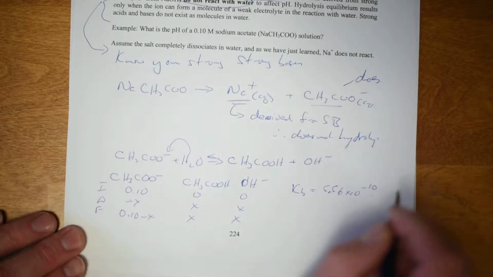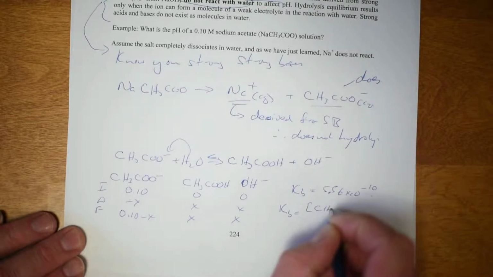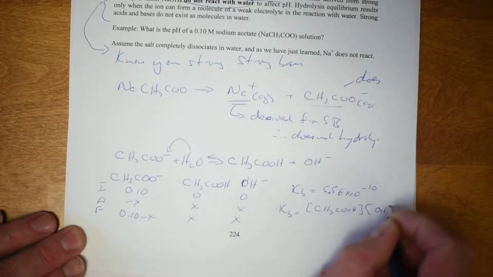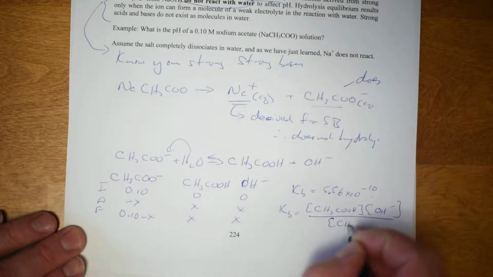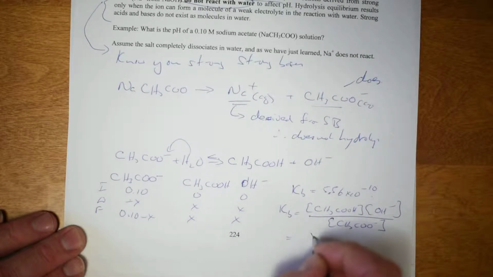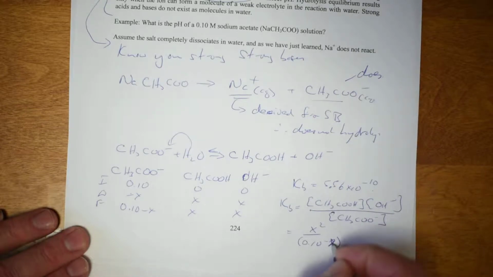It's going to equal the concentration of acetic acid times OH minus over acetate. So it's going to equal x times x, which is x squared, over 0.1 minus x. Sorry, I'm not writing very well. I'm kind of on an angle here.